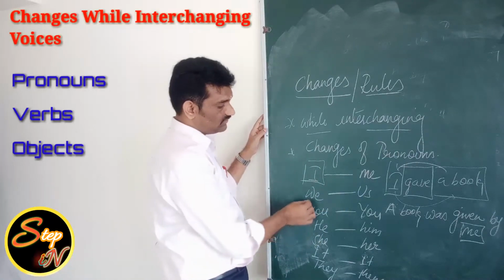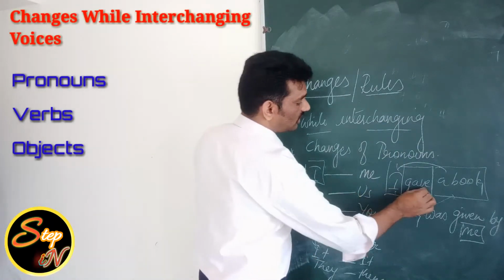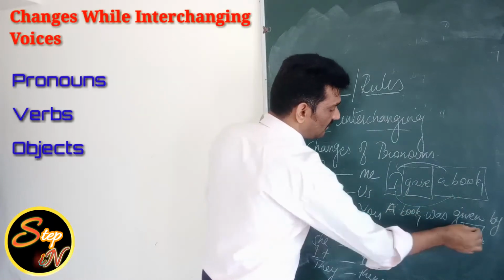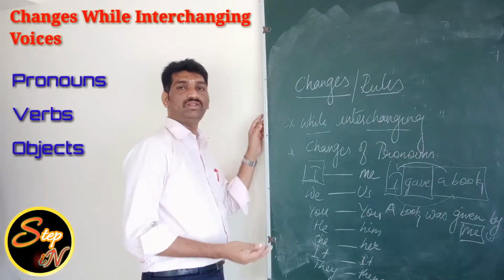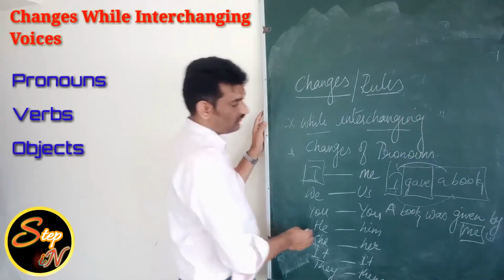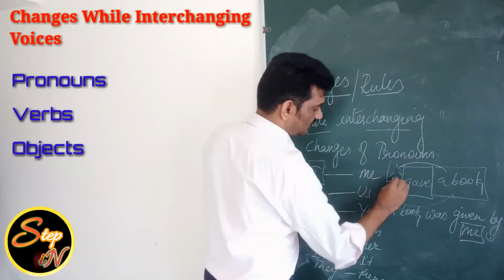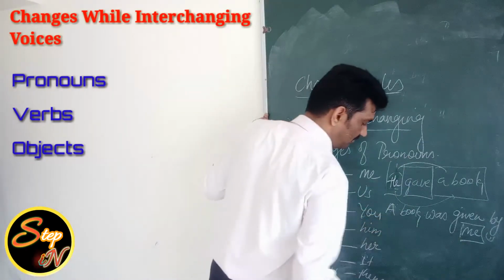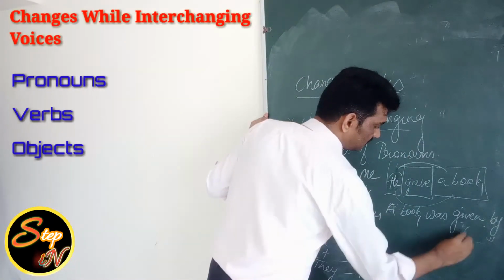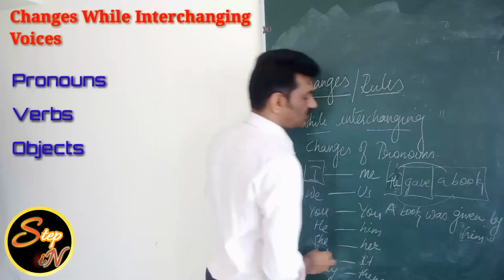The same way, if it is we gave, a book was given by us. Same, you gave, again it will be replaced with you. And if it is, instead of I, he gave a book, then a book was given by him. Same way, for she, then her.